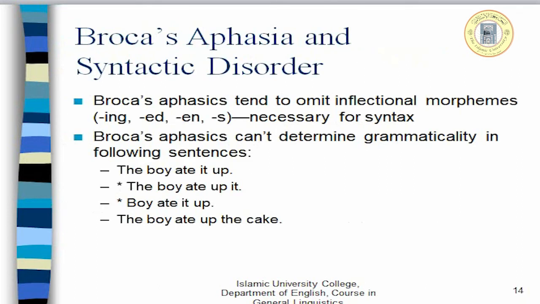Sometimes Broca's aphasia deals with syntactic disorder. The aphasics tend to omit inflectional morphemes, which are necessary for completing the meaning through syntax, like ing, ed, en, s, etc. Now take this example: the boy ate it up.